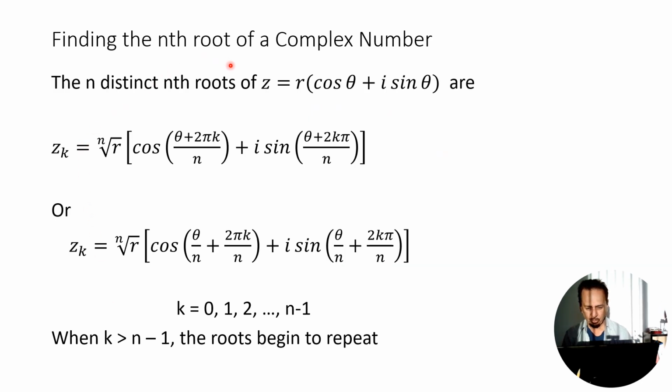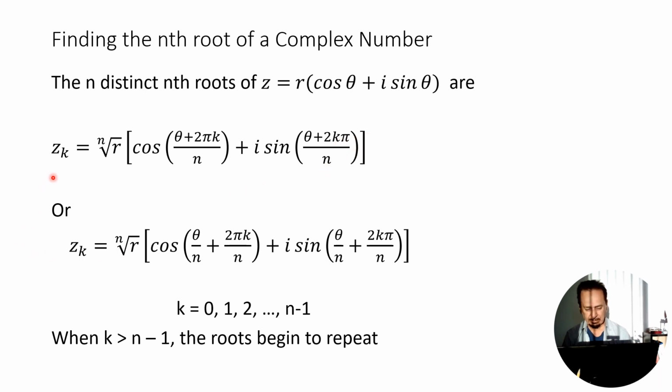Finding the nth root of a complex number. The n distinct nth roots of z = r(cos θ + i sin θ) are z_k = r^(1/n) [cos((θ + 2πk)/n) + i sin((θ + 2kπ)/n)].